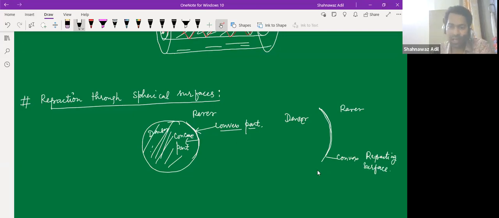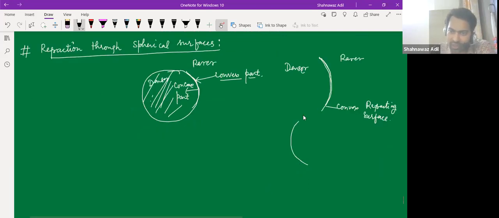Right. And let's say you have this part, right? And this is the denser medium, and this is the rarer. So now this part is in the rarer medium, right? So this is concave.